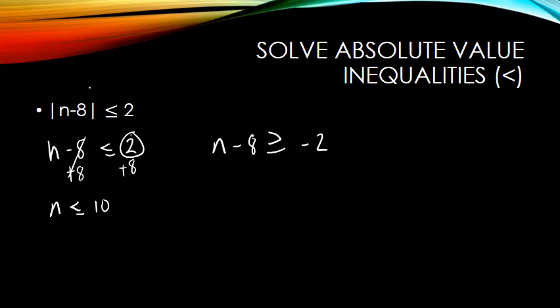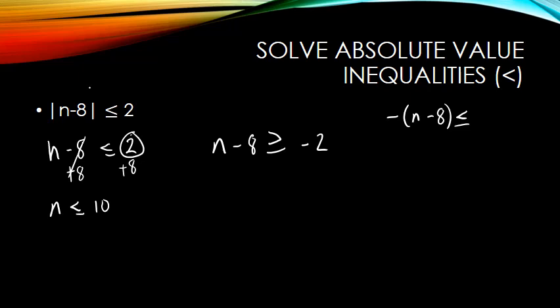In your book, where it's talking about the inequality in that example located on page 312, they do it like this, and I'm going to do it just for illustration purposes. It starts off with negative n minus 8 is less than or equal to 2.